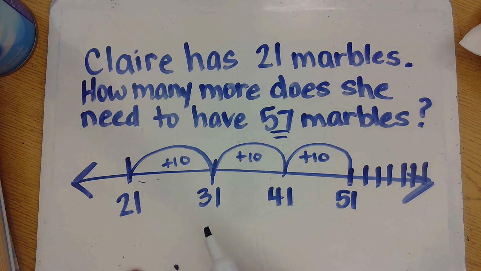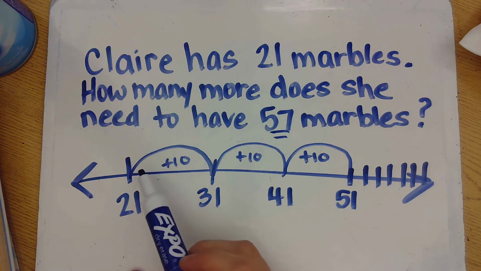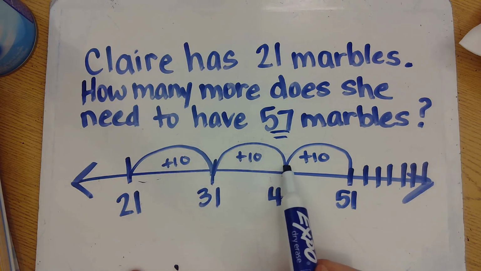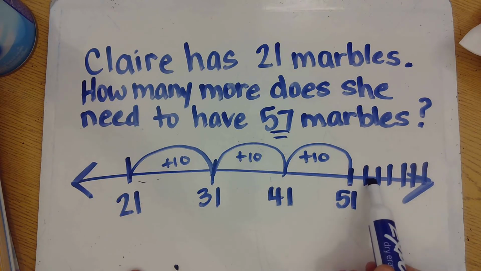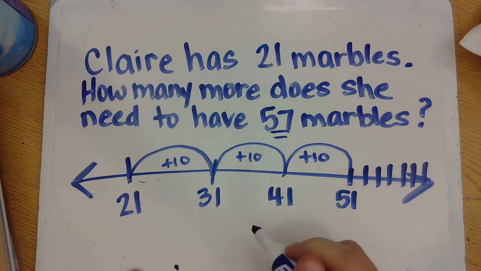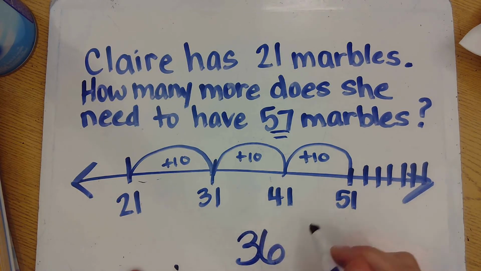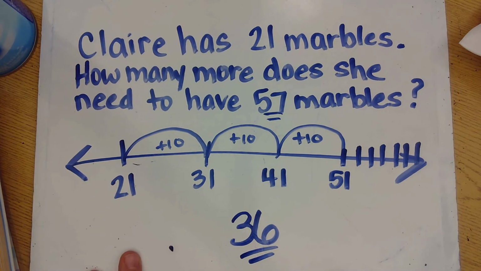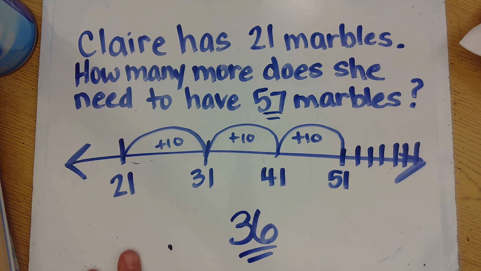I'm going to count these numbers. So she would need 10, 20, 30, 31, 32, 33, 34, 35, 36. She would need 36 more marbles to get to 57.